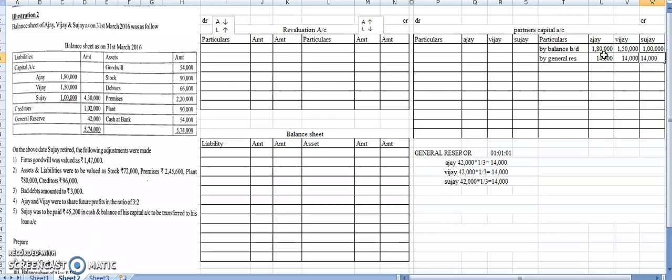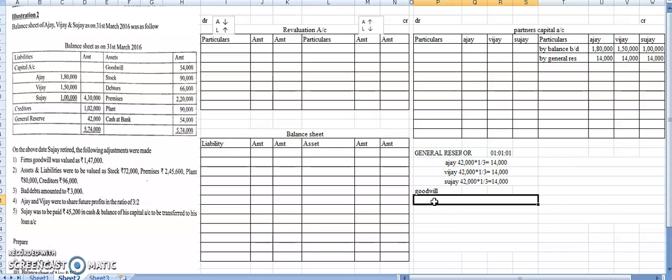After that, in the same way we will distribute the goodwill amount which is given on the asset side of the balance sheet. So we will distribute the goodwill amount. Now I am writing here goodwill, and we will distribute it in the same way as we distributed general reserve, in old ratio.